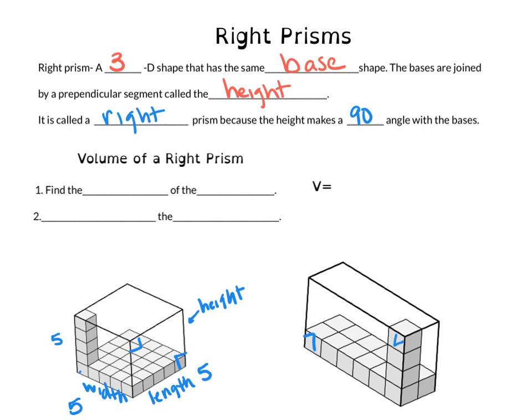So from this, we can notice, how many cubes does it take to cover the bottom? 5 times 5. So that's 25 cubes on the bottom. But then we have to stack those cubes 1, 2, 3, 4, 5 high. So we'll have 5 bottoms of 25 being stacked to the top.